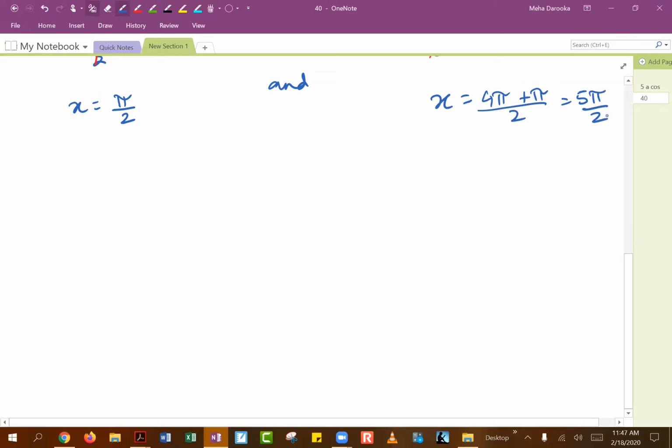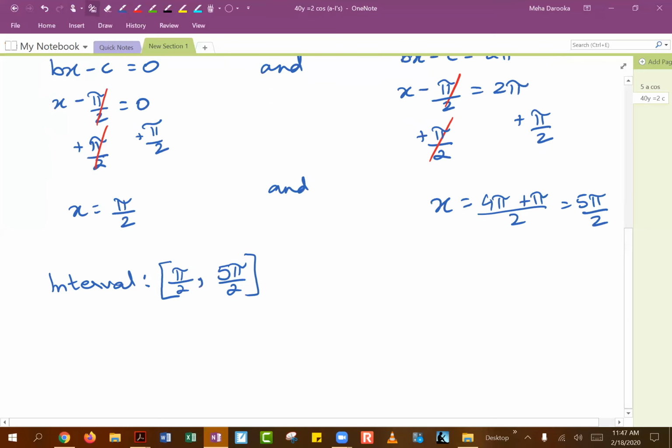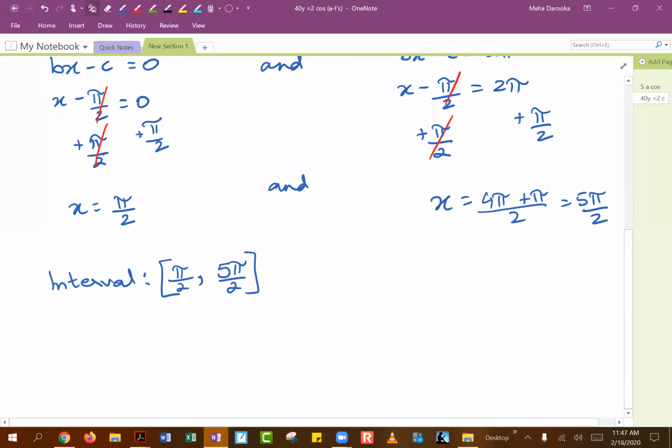Okay, so that will become your interval then, which will go from pi halves to 5 pi halves, taking our 2x values that we just calculated. What's the difference again between those two numbers?